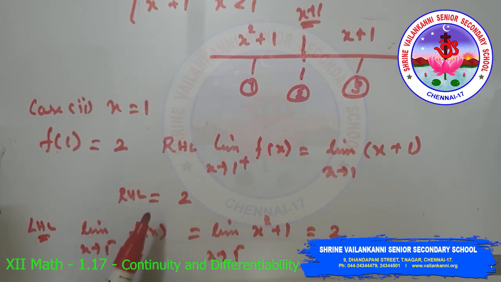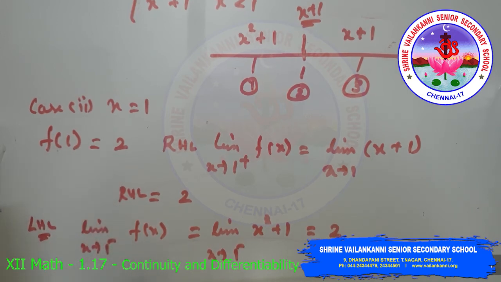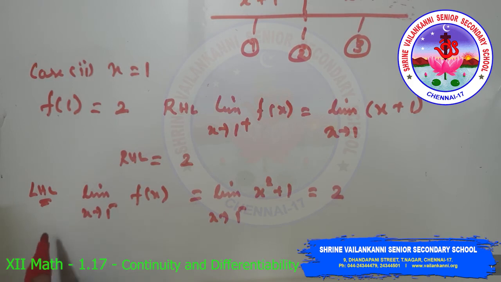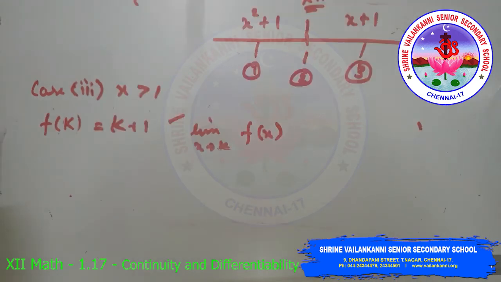Here we can see that the right hand limit is equal to the left hand limit, and f of 1 is equal to 2. So limit x tends to 1 f of x is equal to 2, which is equal to f of 1. It says that f of x is continuous at x equal to 1.